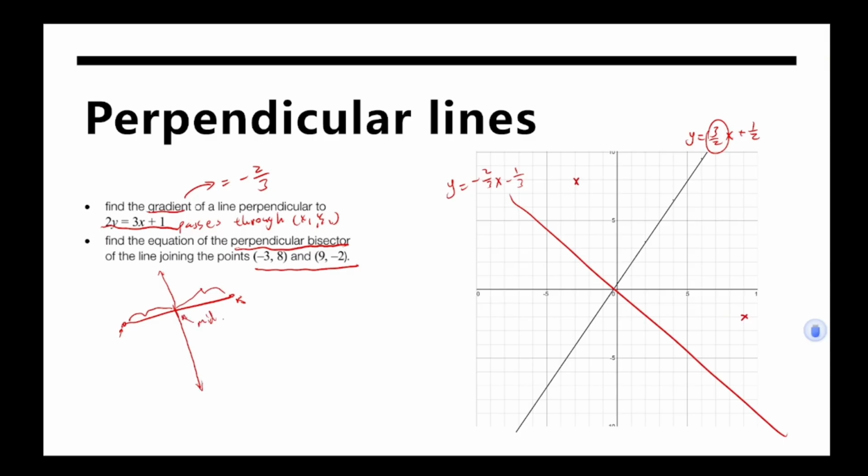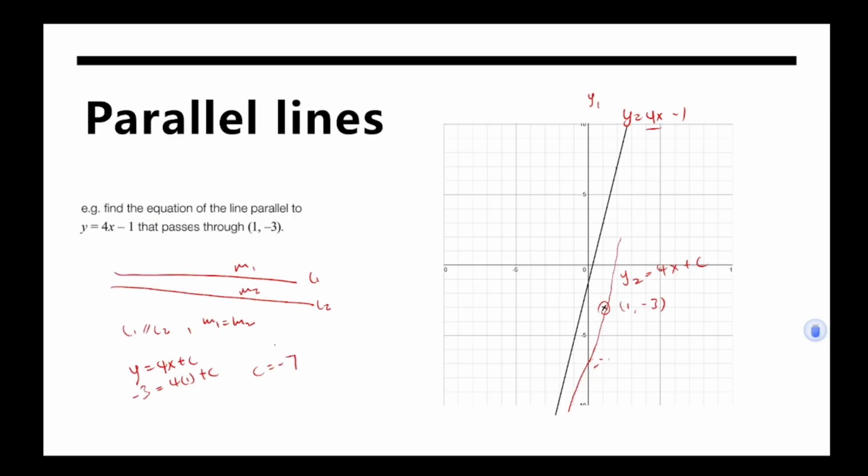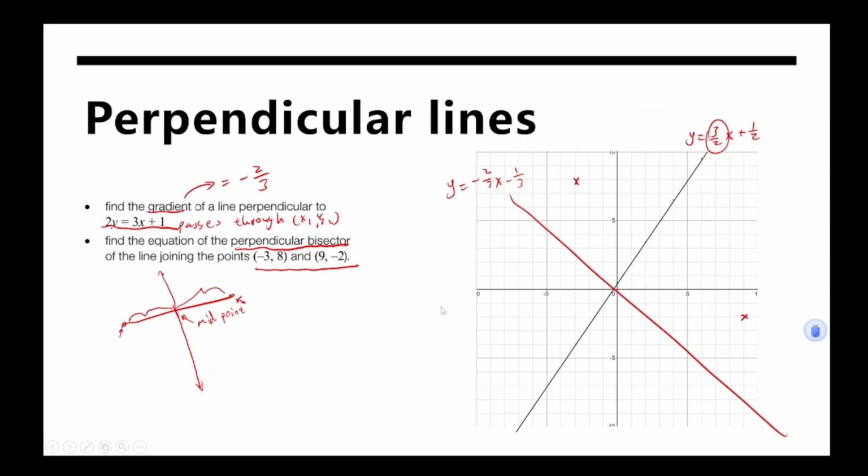This is combined with our previous page on midpoints. To calculate the midpoint, we can just use the formula. We add and divide. So the midpoint is 9 plus -3 divided by 2, which is 3, and 8 plus -2 divided by 2 is also 3. So (3, 3) is our midpoint.